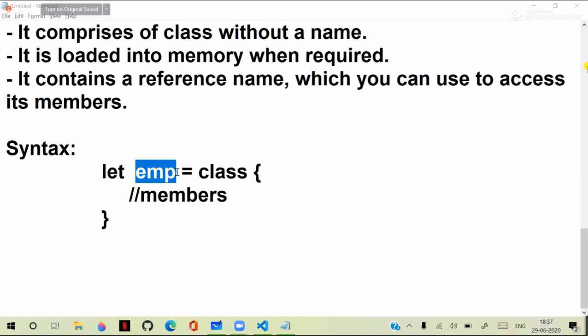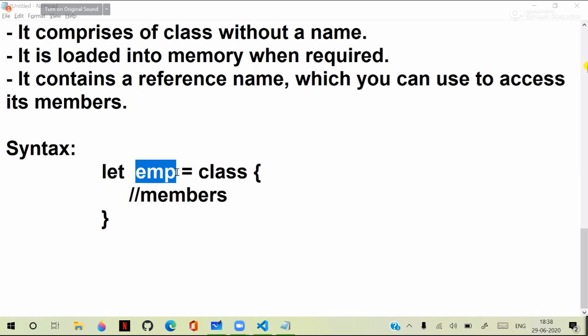You can configure it to load only when it is required. This is the situation and the difference between a class expression and a class declaration. A class has two things, a declaration and an expression. Hope everyone is clear.